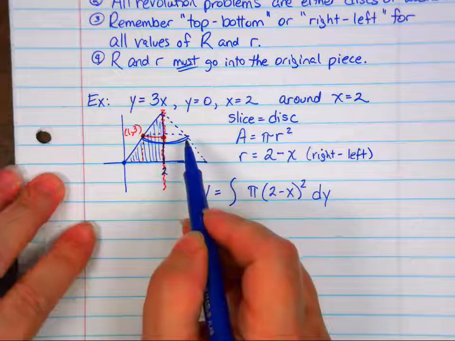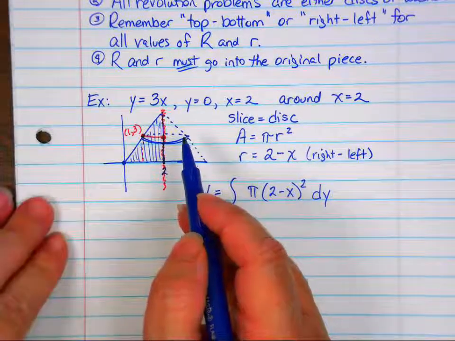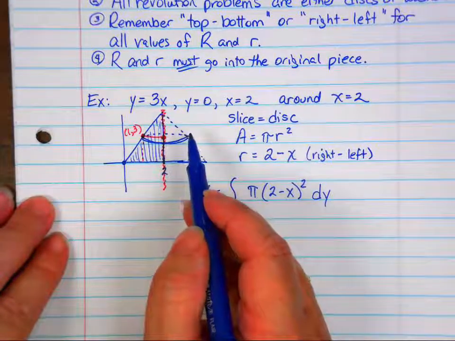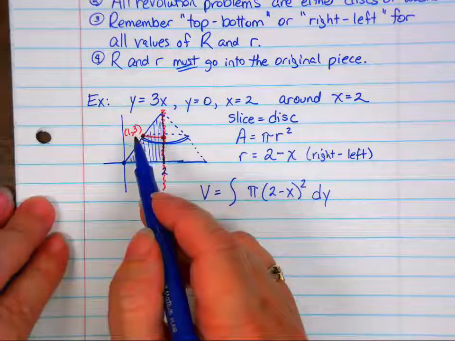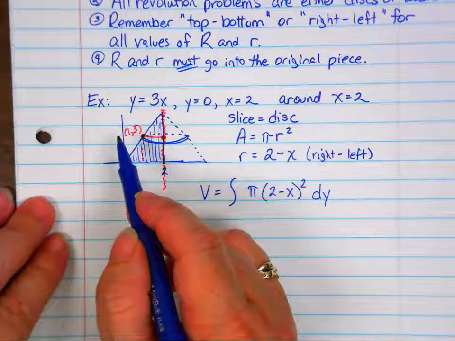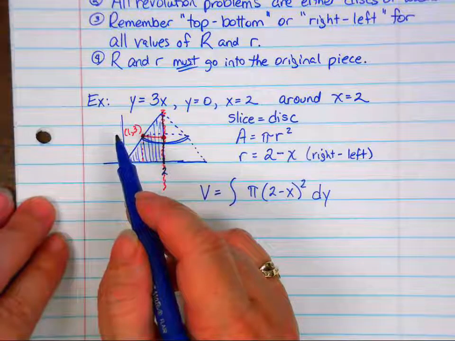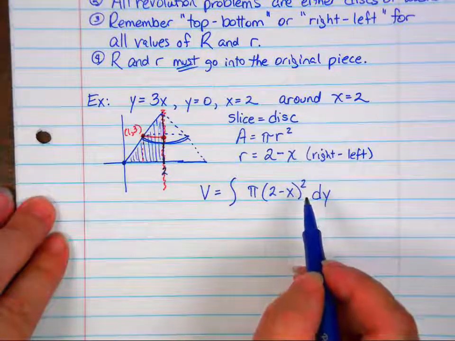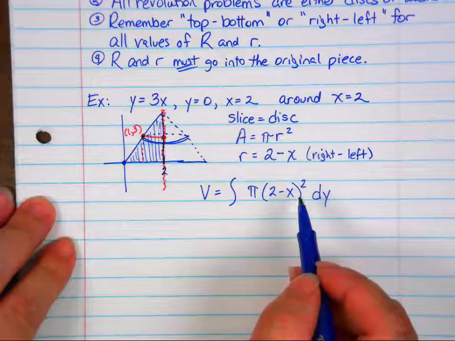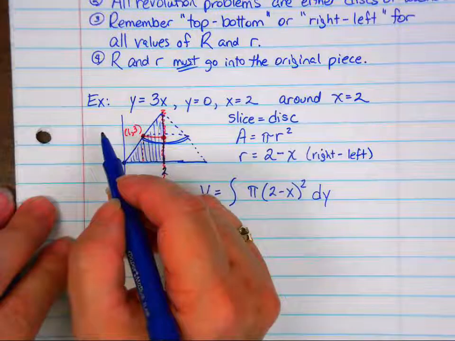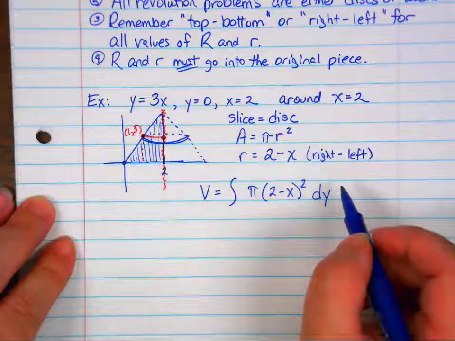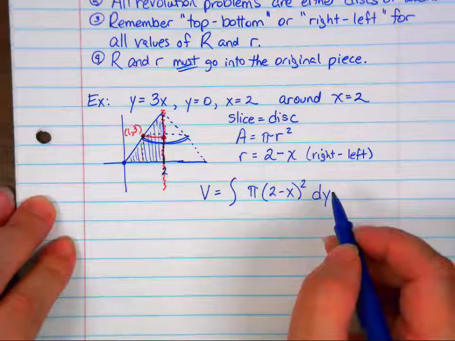Because if I take my chainsaw or whatever slicing instrument I'm going to use and I slice this piece out and I keep going past the cone, I'm eventually going to hit the what axis? The y-axis, so it's a dy. Go this way, I'm going to hit the y-axis. If I go this way, I'm going to hit the y-axis. So this is a dy.